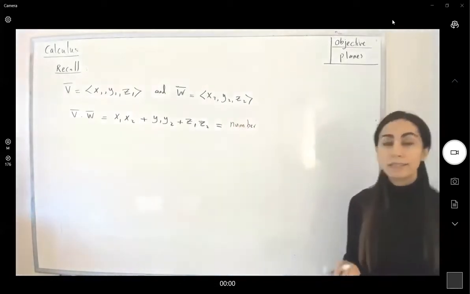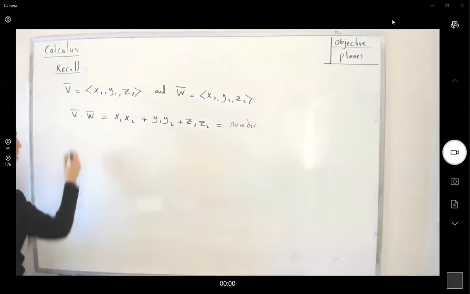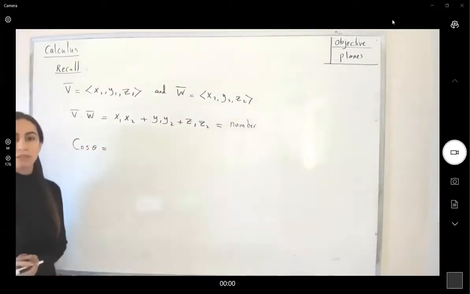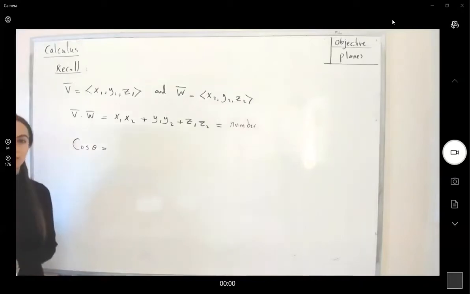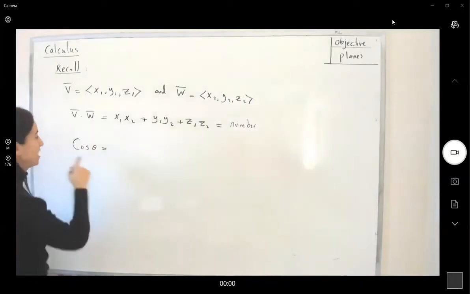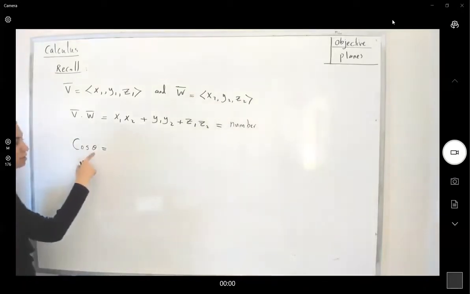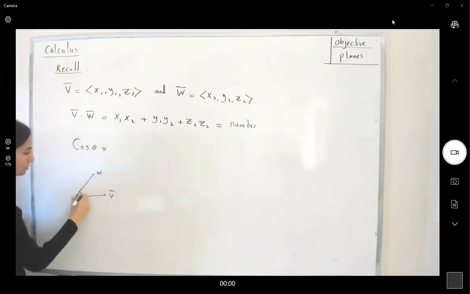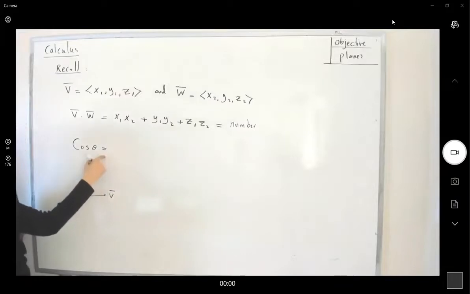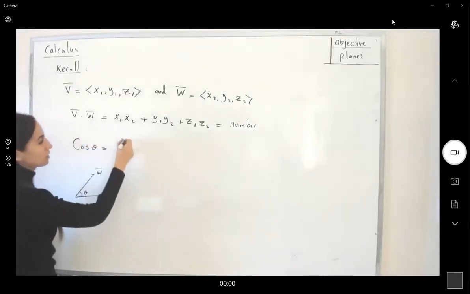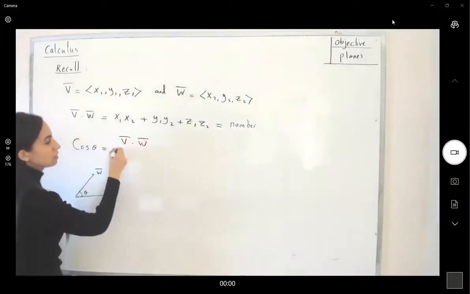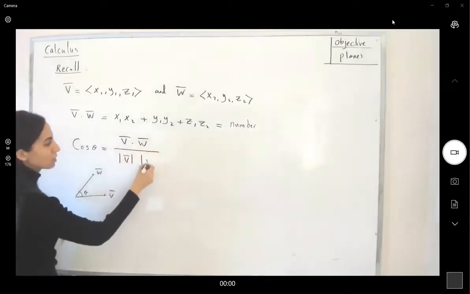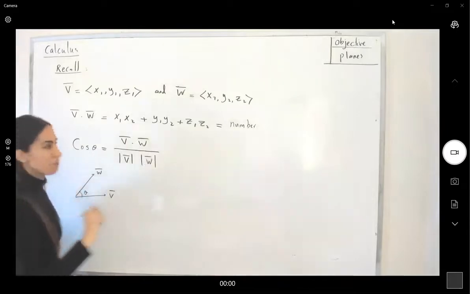Well, it turns out we can write the angle between two vectors using their dot product. The cosine of theta, where theta is the angle between two vectors v and w, is equal to the dot product between these two vectors divided by the magnitude of the first vector times the magnitude of the second vector.